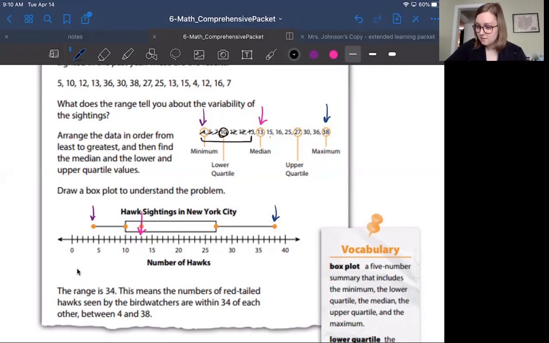They did the same thing from this 15 all the way to the 38. They said, what number is right in the middle of those? And it's 27. And that's how they got my 10 and my 27 there, okay? So when they say half the data, they mean literally from this 10 to the 27. Those are the numbers that are shown in the spread of that box there.